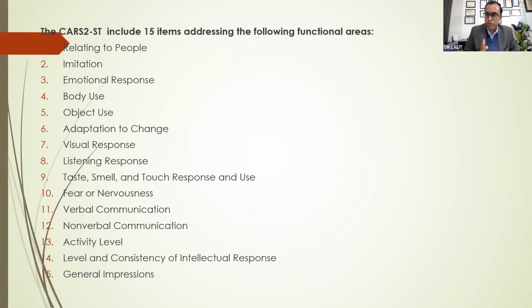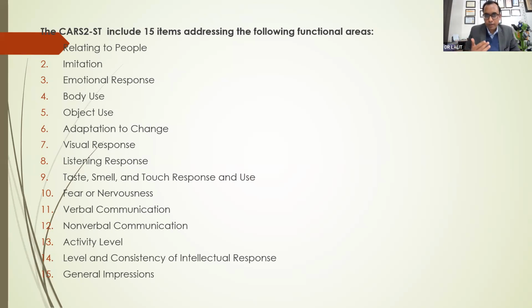So it is taking into consideration the sensory issues, the behavioral issues, the stereotypic movements, the relation and contact to the children, their eye contact, the response to name call, and even the tactile sensory issues.